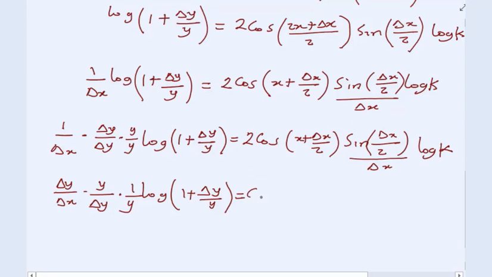I will just be having cos of (s plus delta s over 2), then I have sine of delta s over 2 all over delta s over 2.